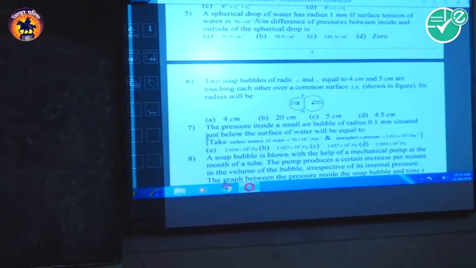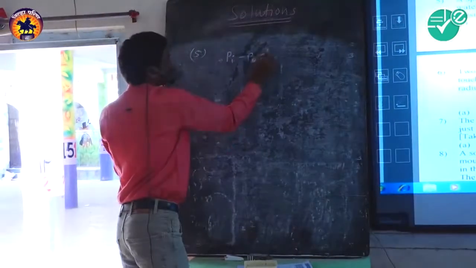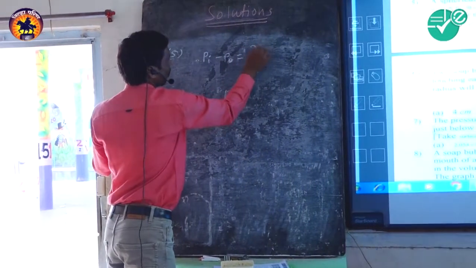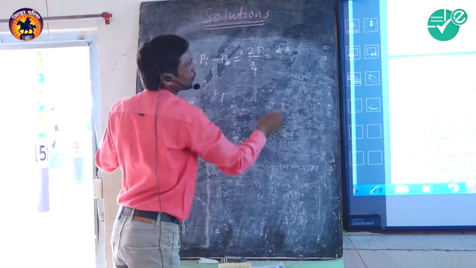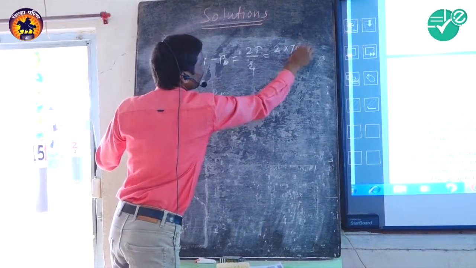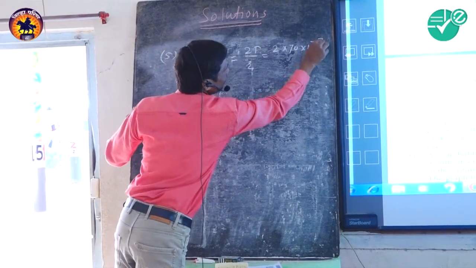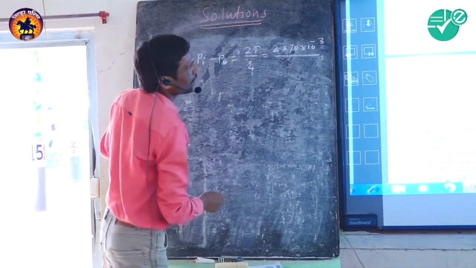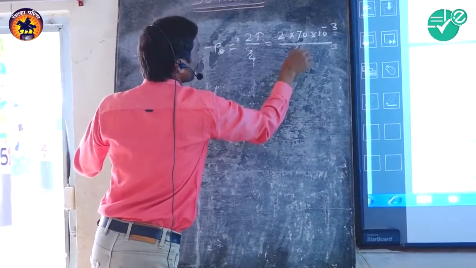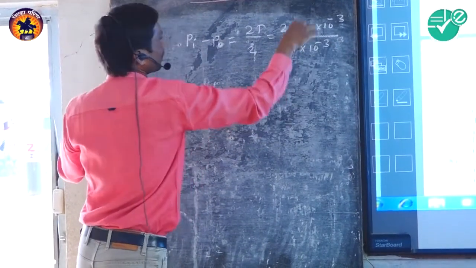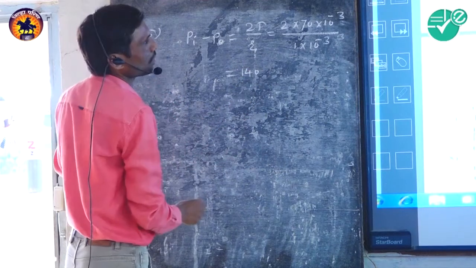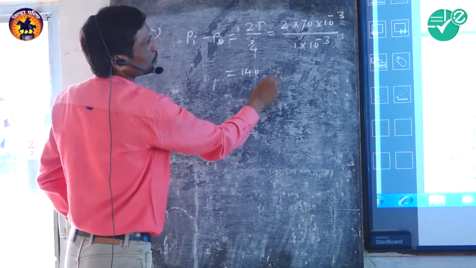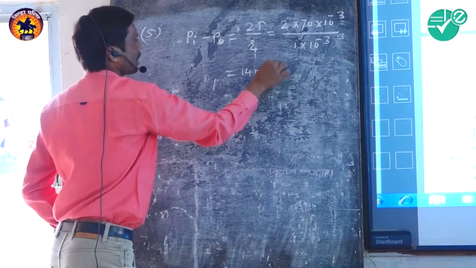So here this difference means here the excess pressure, and that is equal to, it is drop, it means that is twice T by R, and that is equal to 2 into, here T is given 70 into 10 raised to minus 3 divided by R is given 1 into 10 raised to minus 3. 10 raised to minus 3 get cancelled. It means it is 140 Newton per meter square. It means option C1 is correct.